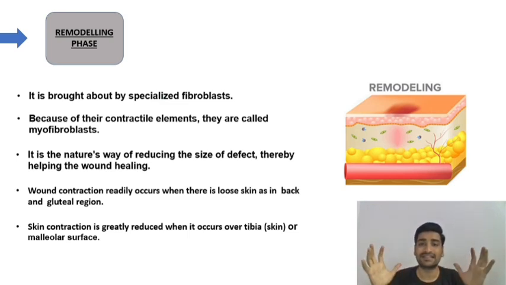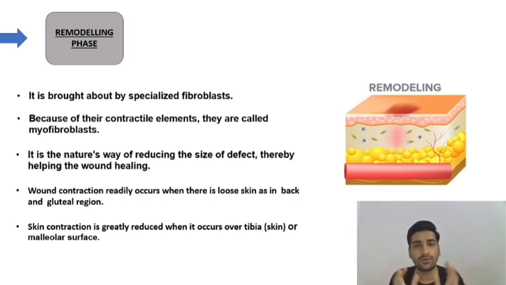Why? Because the resistance to contraction will be less in loose skin, whereas the resistance to contraction will be more in the areas where the skin is tight or thin, right? So for example, at the shin of the tibia, the contraction of the wound will be comparatively less than in the gluteal region. This is clear? Okay, so now skin contraction is greatly reduced.